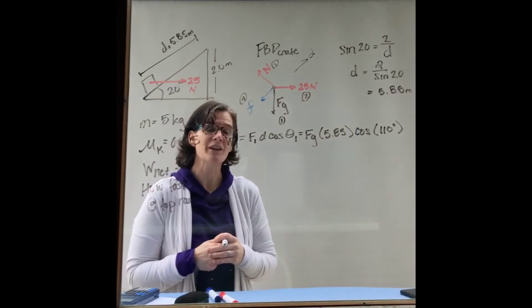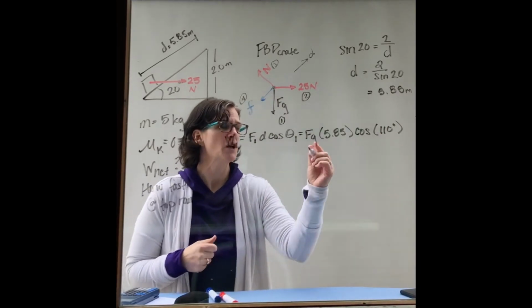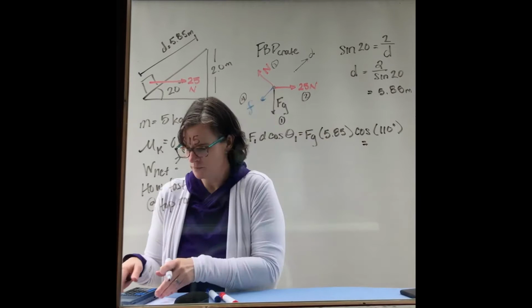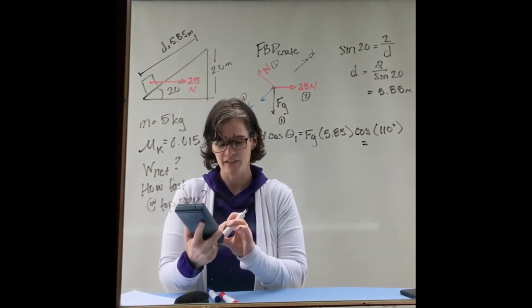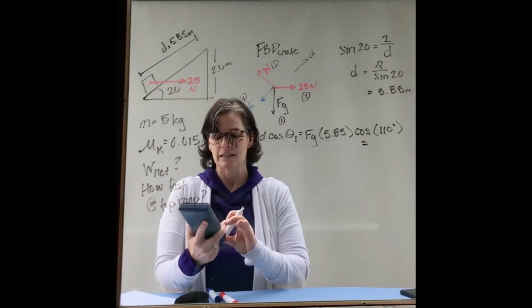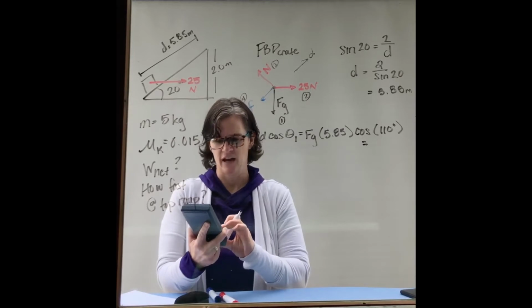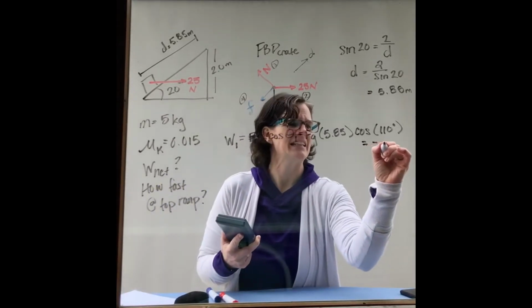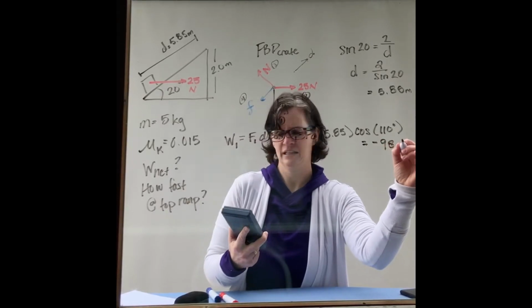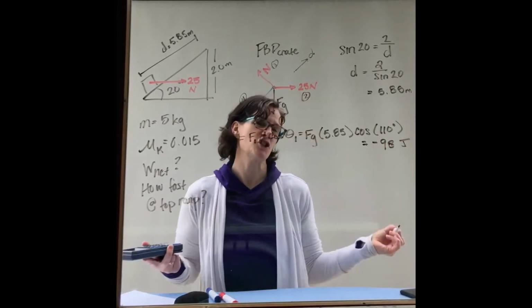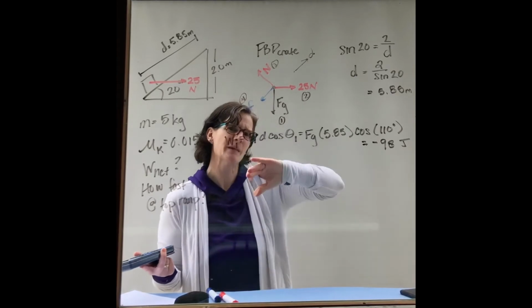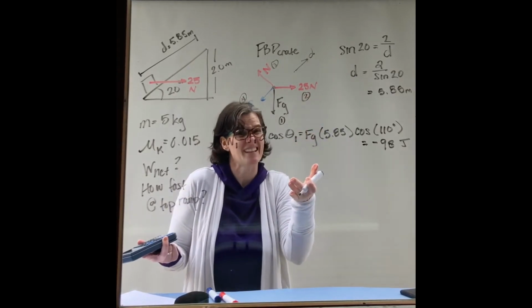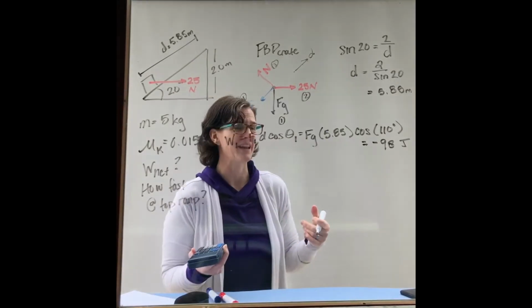So that's our work done by the force of gravity. So that is going to equal our force of gravity, well, that's 5 times 9.8 times our displacement, 5.85, times the cosine of 110. So negative 98 joules. Now, should it be negative? Well, the displacement's up the ramp and gravity's working against that. So yeah, our work should be negative.